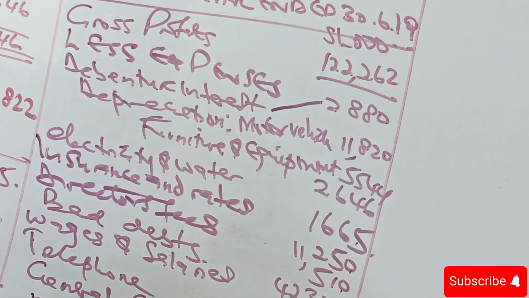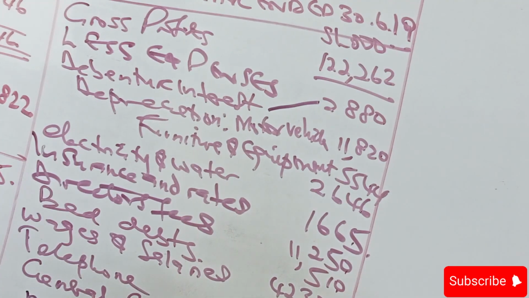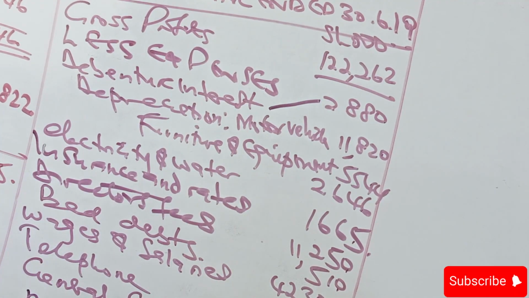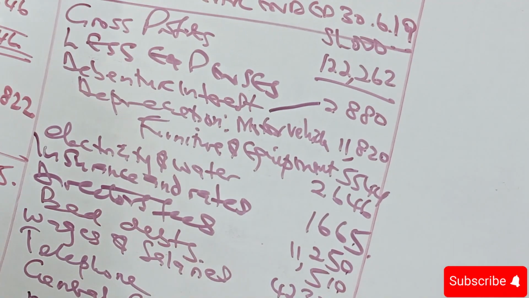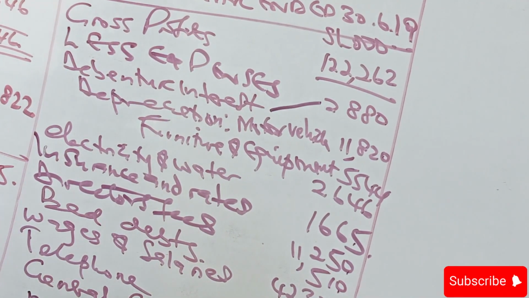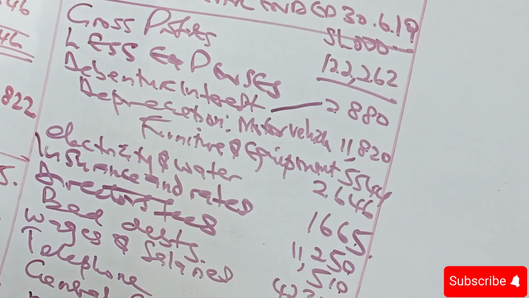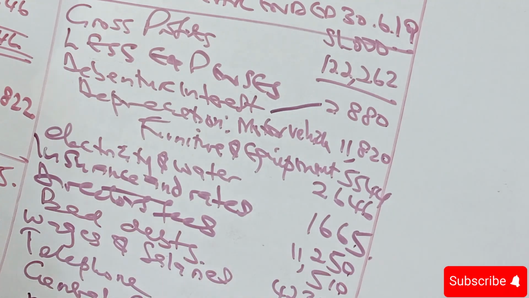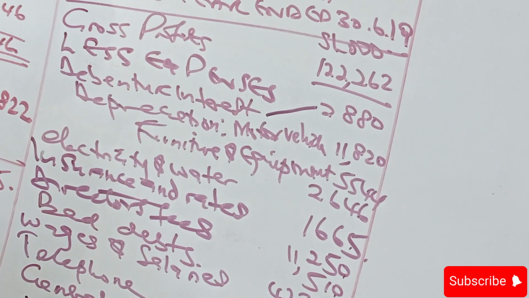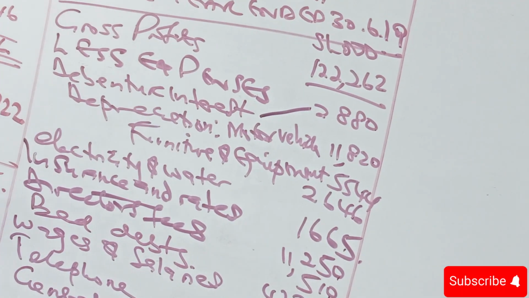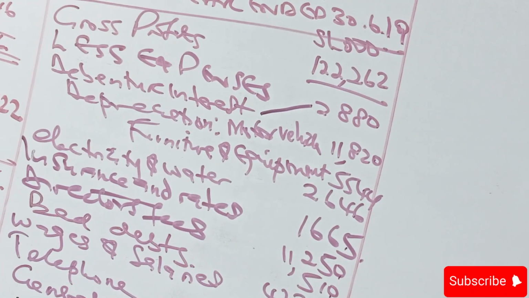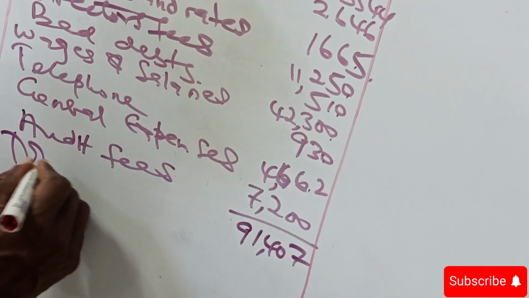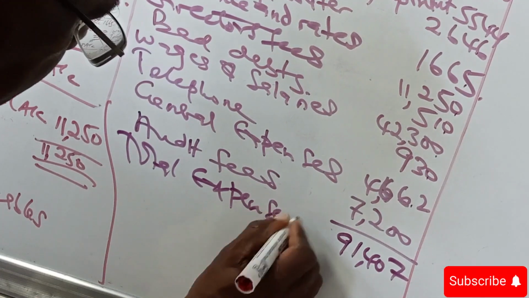2880 plus 11,820 plus 5544 plus 2646 plus 1665 plus 11,250 plus 510 plus 42,300 plus 930 plus 4662 plus 7,200, we get a figure of 91,407, and that is total expenses.